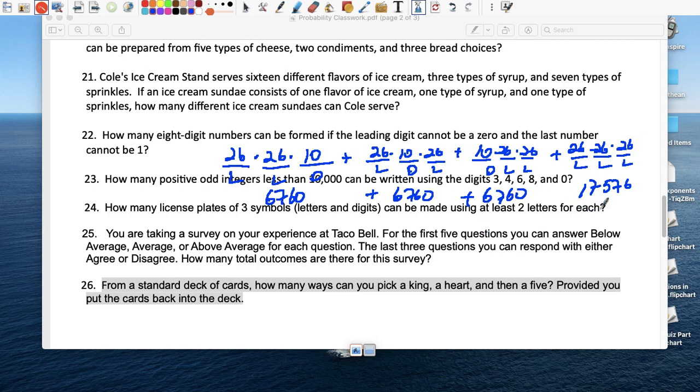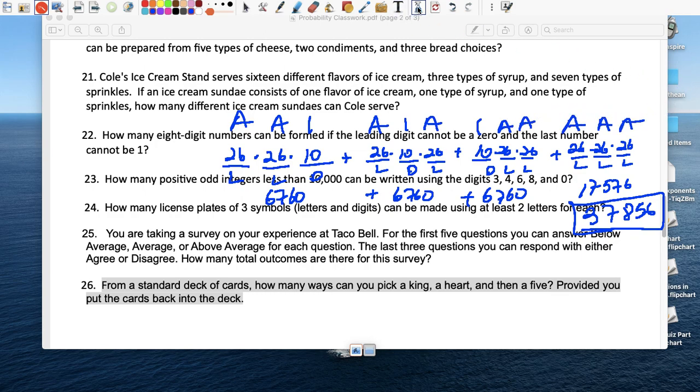That's going to take us to a total of 37,856 different license plates, assuming all these four scenarios. Because a license plate that says AA1 is definitely different than A1A, which is also different than 1AA, which is obviously different than AAA. So just something that you have to keep in mind.